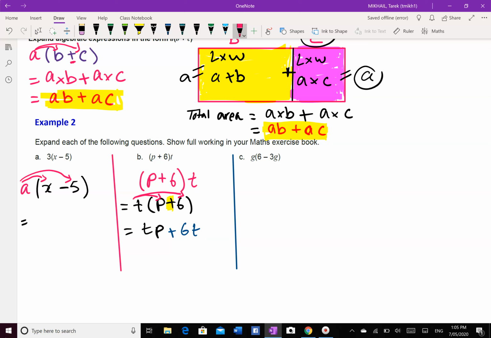So the answer will be ax, a times x is ax, and I have minus in the middle, so I have to put the minus down, and then a times 5, it will be 5a. So instead of a times 5, I can just simply say 5a.